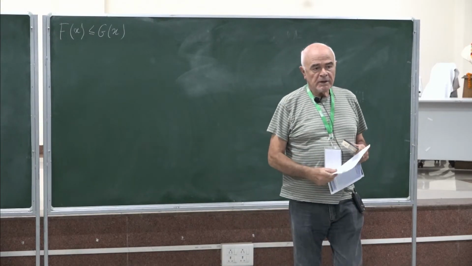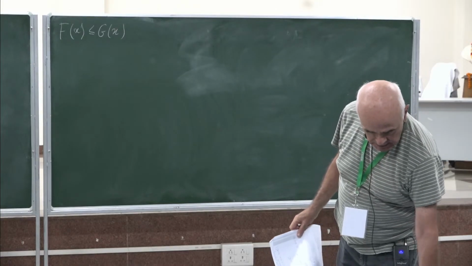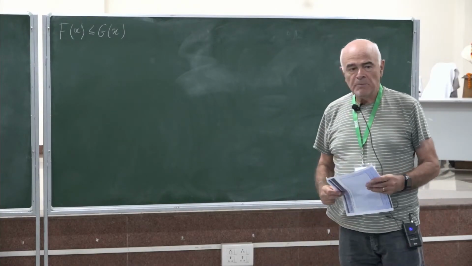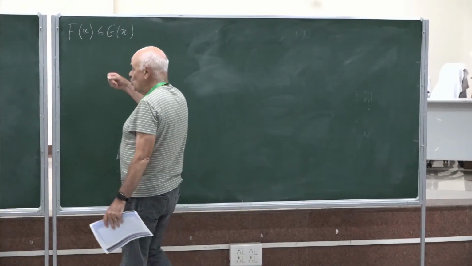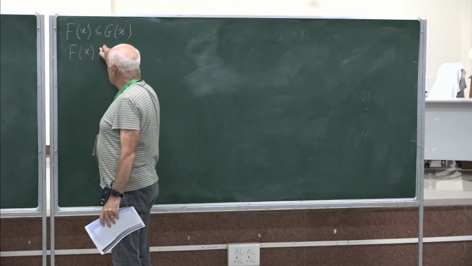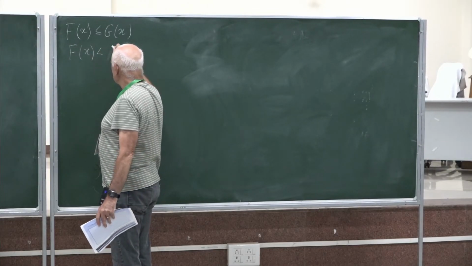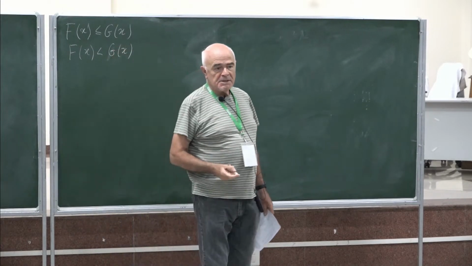But now we have to prove that equality holds, and let us do it by contradiction. Suppose not. Suppose for some x we have a strict inequality. We will see that this is impossible.